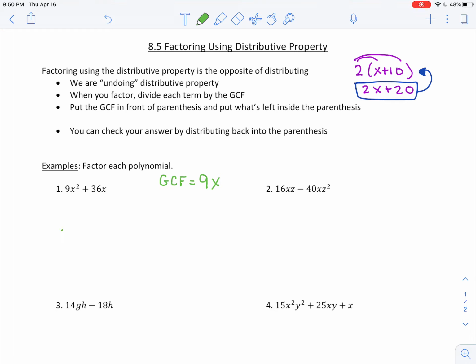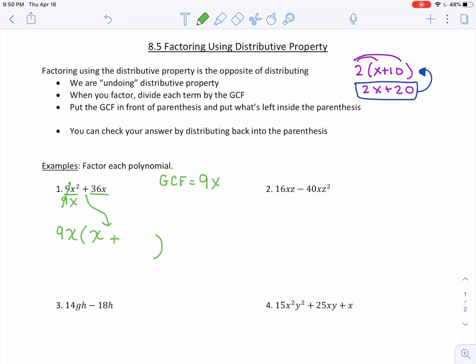So I'm going to start by putting my GCF in front of a set of parentheses. To figure out what goes into those parentheses, I divide each term by 9x. So when I take the first term and I divide it by 9x, 9 divided by 9 is just 1. X squared divided by x is x. So that leftover goes in the parentheses. Then I carry down the plus sign.